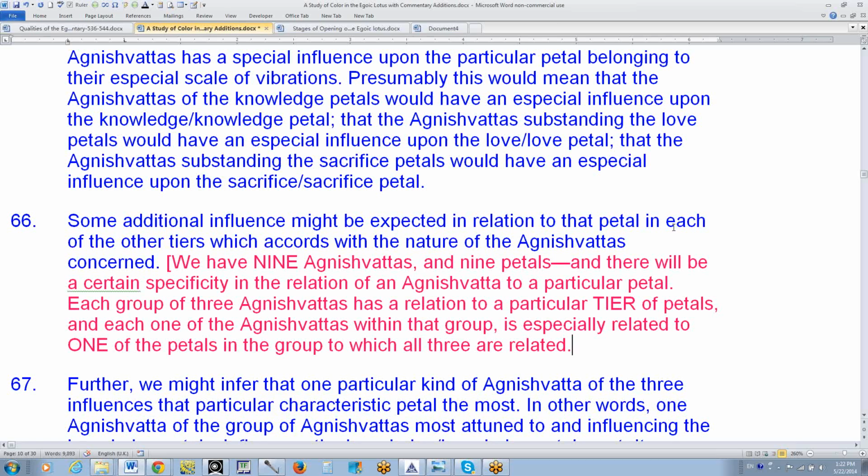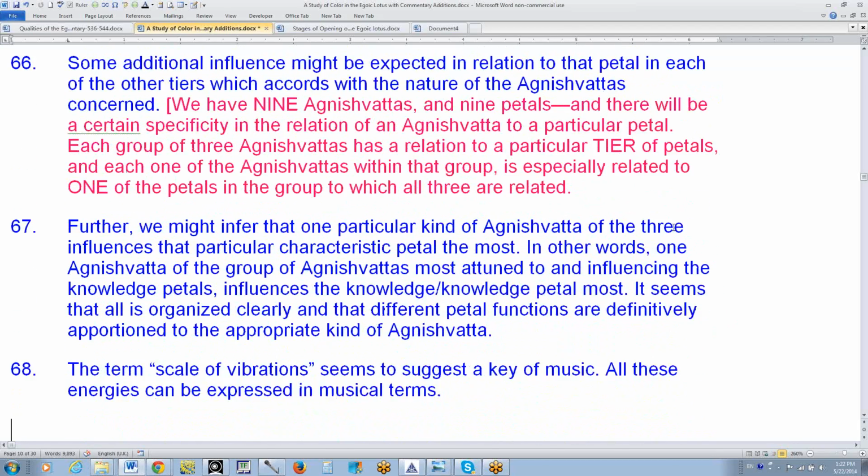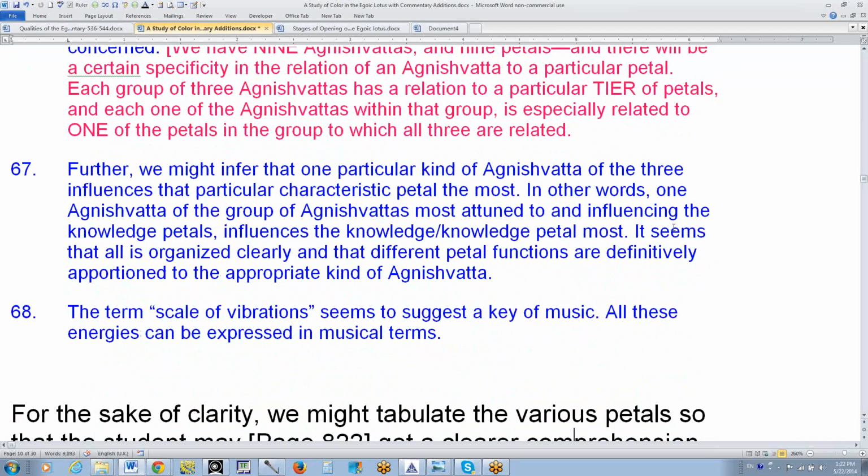Further, we might infer that one particular kind of Agnishvatta of the 3 influences that particular characteristic petal the most. In other words, they all influence a particular tier, but there is going to be one petal in the tier which is most characteristic.